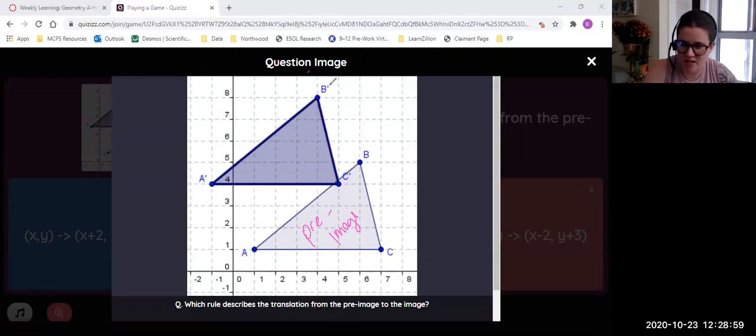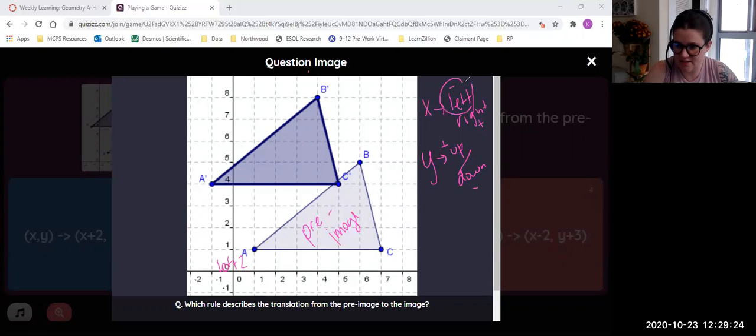All right, so I'm thinking x goes left and right. Left is negative, right is positive. y goes up or down. Up is positive, down is negative, right? Okay, so this is going left, left 2, right?